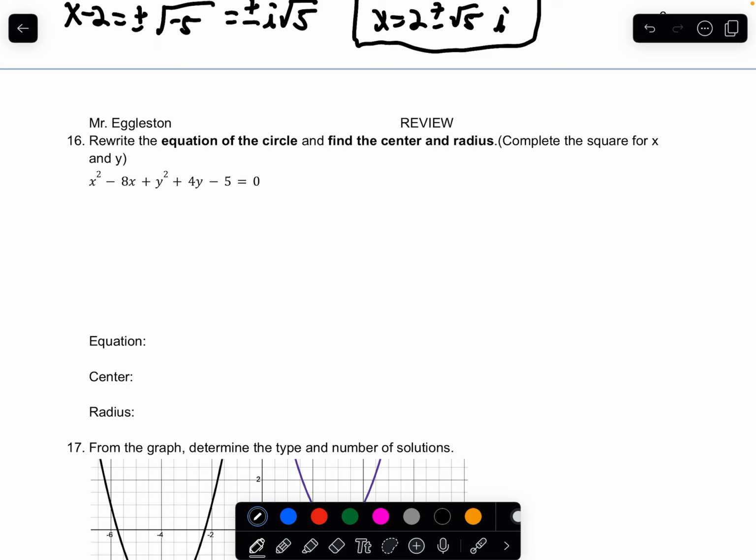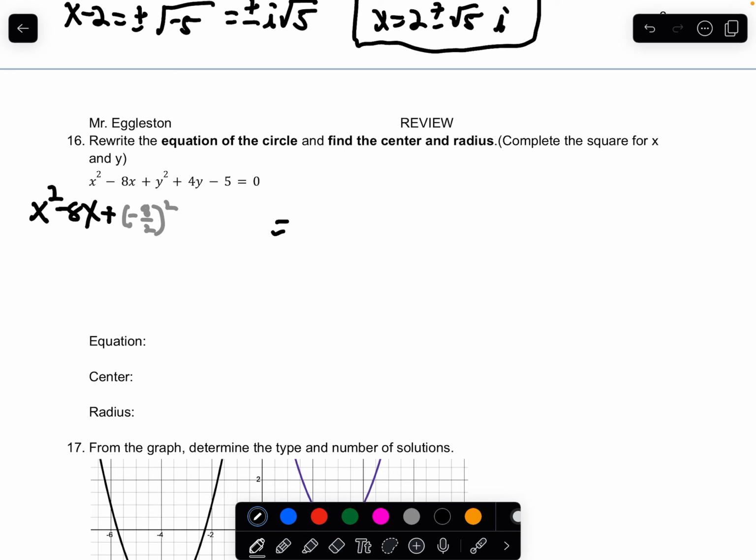So completing the square means we have x squared minus 8x. Now my focus is on the x. Plus, now I take half of the -8 and square it and add. Now, if I do that on the left, don't forget you have to do it on the right.